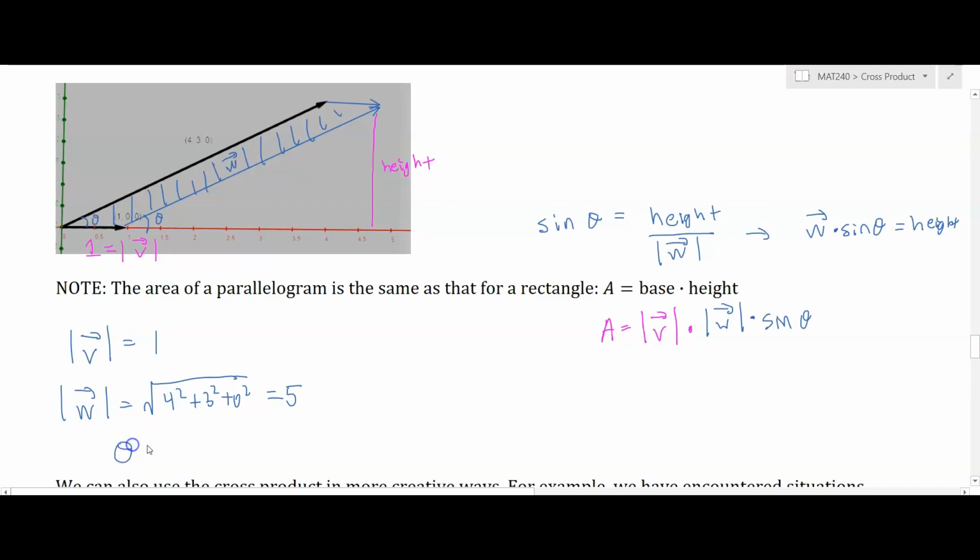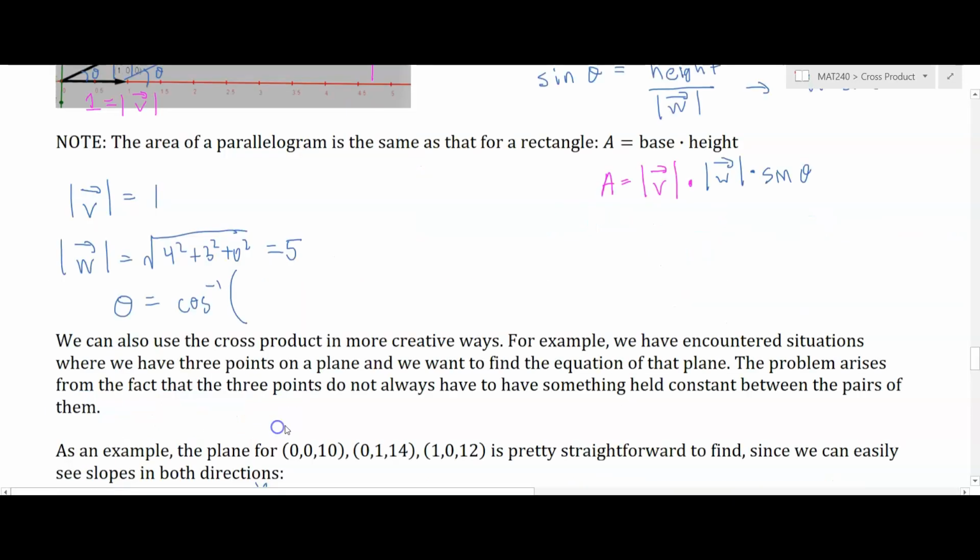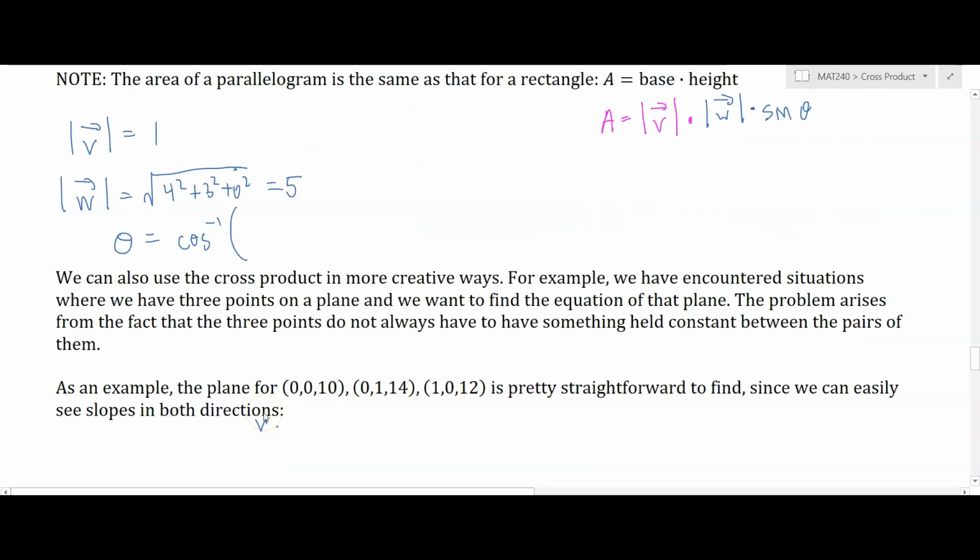And from our derivation, we know that theta is going to equal the arc cosine of v dot w divided by the product of their magnitudes.